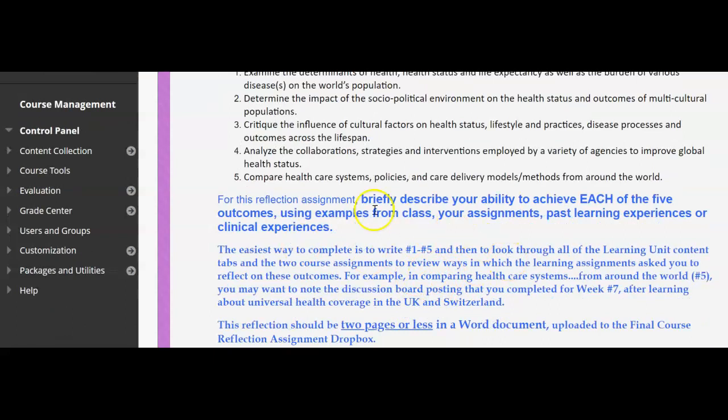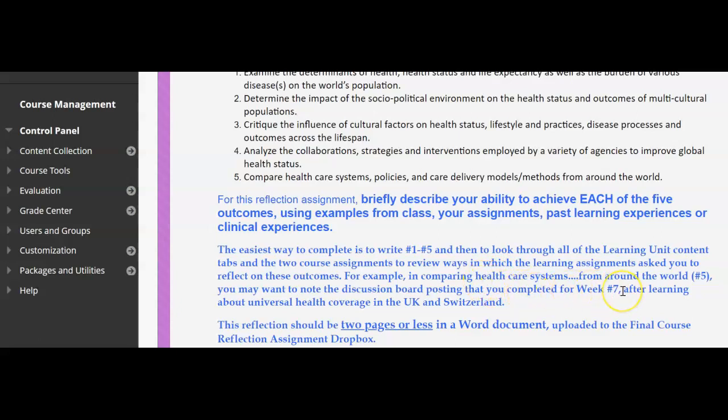For number 5, you're going to think about, oh yeah, we compared health systems. I learned about universal health care. So when did I do that? You're going to look through your discussion boards perhaps, or your learning units. You're going to quickly look through to see, when did we really talk about that?